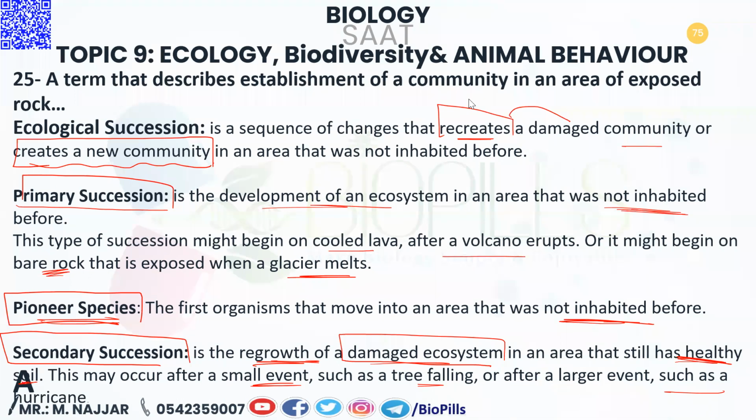Mostly they are mosses and fungi, and they will later be making the soil in that particular area, by the way. Yes, pioneer species occur only in primary succession, not in secondary, because there the soil is intact. But in primary succession there is no soil, and it takes a lot of time in comparison to secondary succession to form and generate soil.